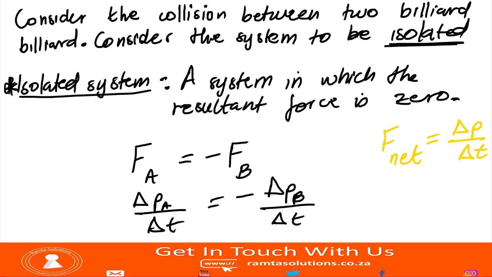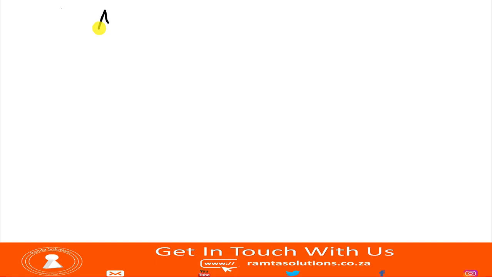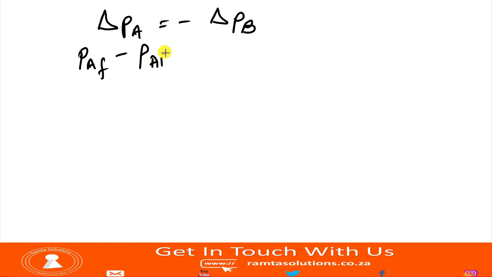So basically, we will be left with delta momentum of object A is equal to negative delta momentum of object B. You recall, delta momentum was momentum of A final minus momentum of A initial. In the same way, delta momentum of object B was momentum of object B final minus momentum of object B initial.